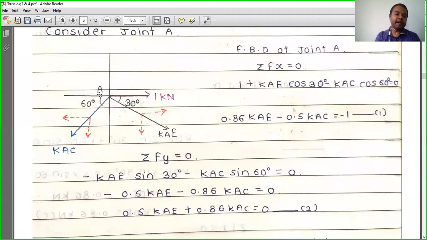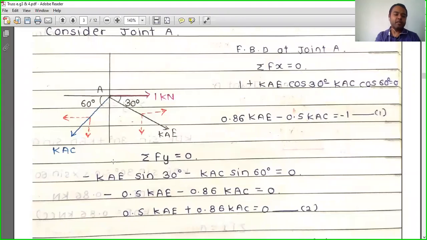Here 30 degrees and 60 degrees are both measured with respect to the horizontal axis. That's why the horizontal component is cos and the vertical is sine.